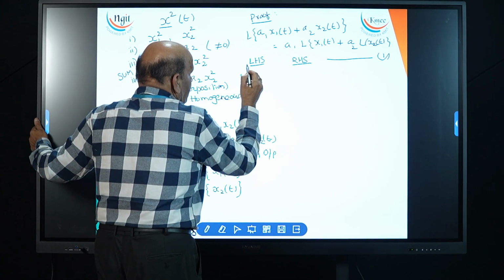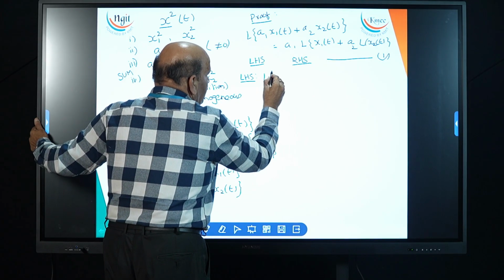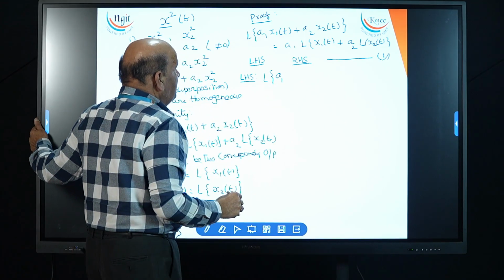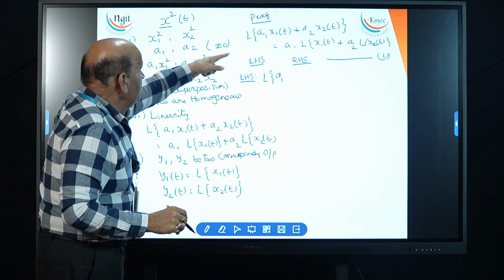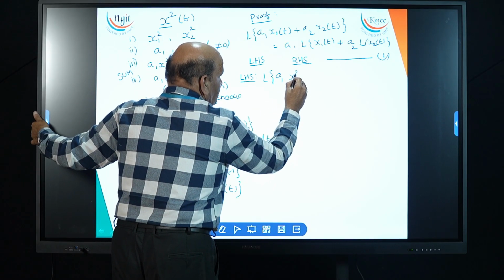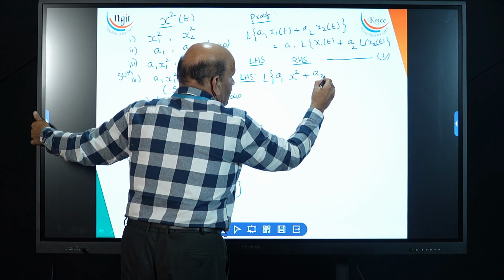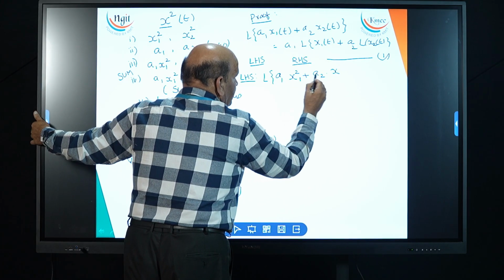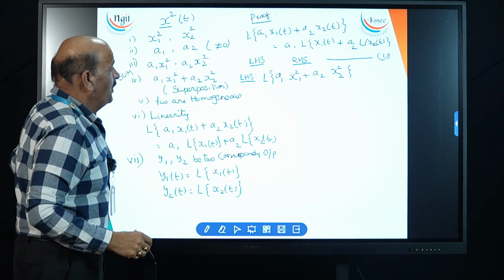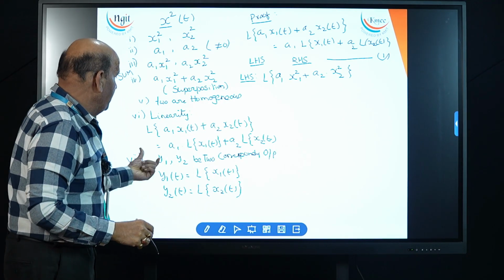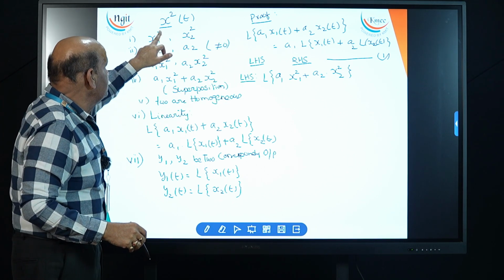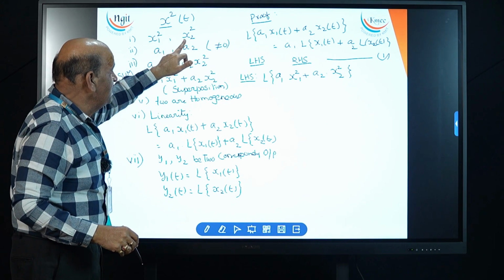Take LHS: the linear transformation of a1 x1 square plus a2 x2 square. We are taking the superposition signal as it is, so the signal is a1 x1 square plus a2 x2 square.